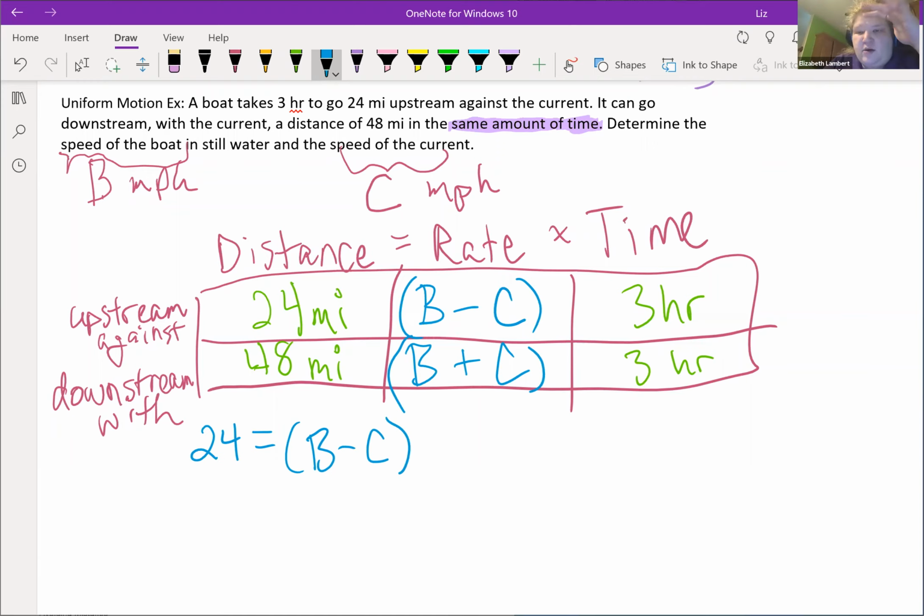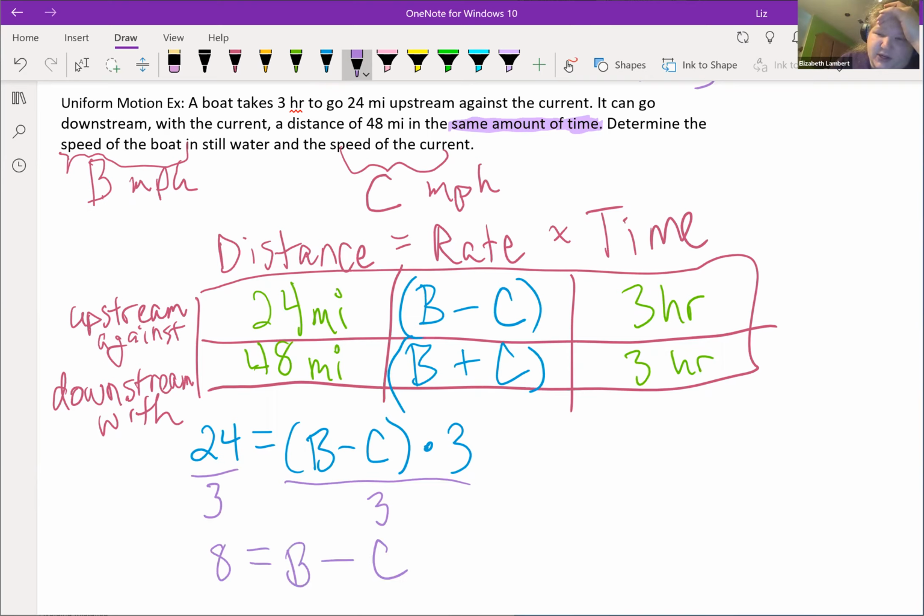Once you get more than one, use the parentheses. And then over here, times 3. And so just right now looking at it, if I divide by 3, I end up with 8 equals B minus C. And isn't that much nicer to look at?